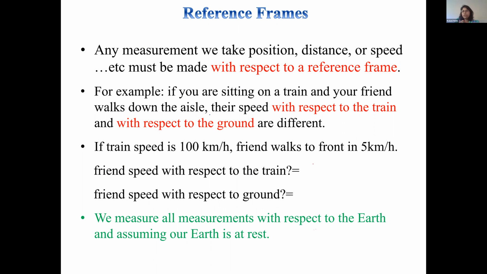That means we're going to assume that Earth is at rest. That will be our reference frame. We know that Earth is not at rest. It keeps rotating, but our physical quantities we are measuring by keeping Earth at rest, right? That's called the reference frame.